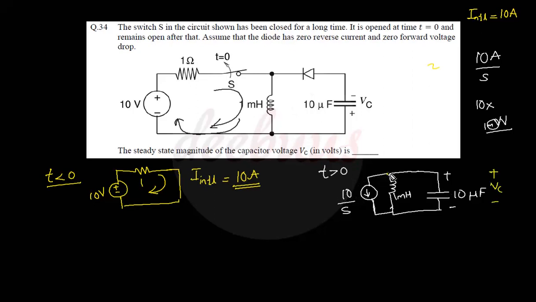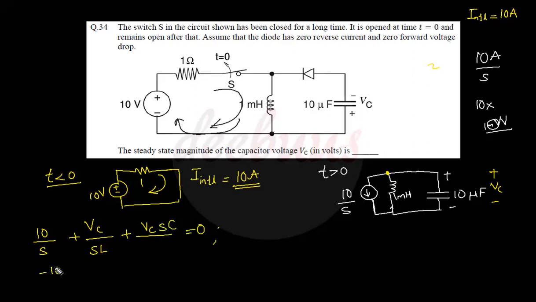So now I am writing the node equation at this point, and the node voltage is Vc itself. Writing the node equation, the leaving current 10 by S plus the node voltage Vc by the impedance. I am marking it as SL because I will later apply the value of inductor and capacitor to avoid complexity. So plus Vc by SL plus Vc divided by 1 by Sc, or Sc Vc, equal to 0.